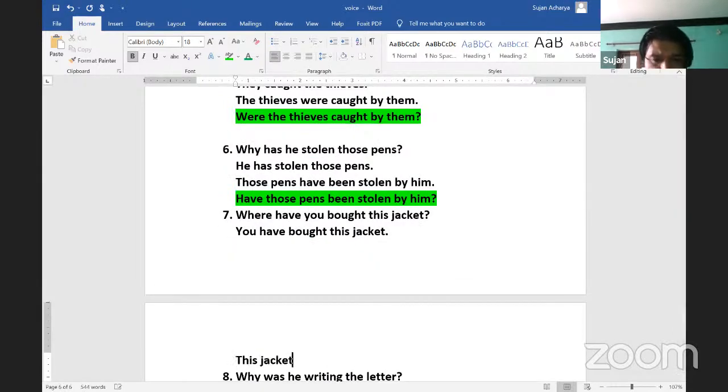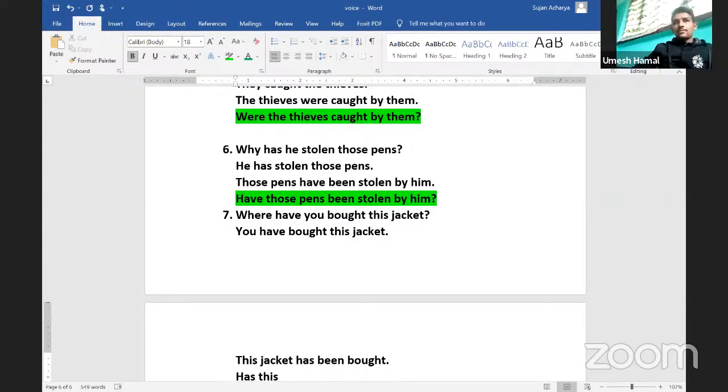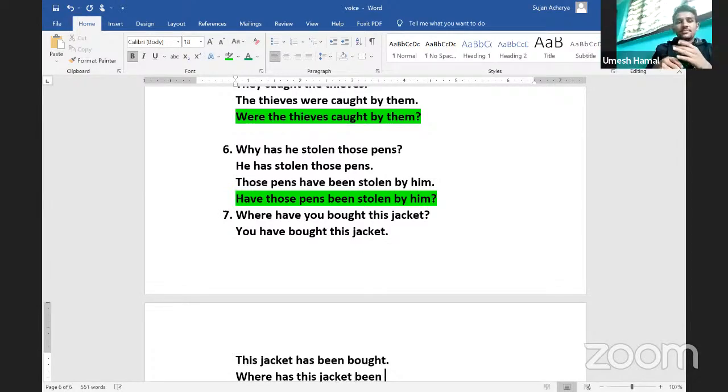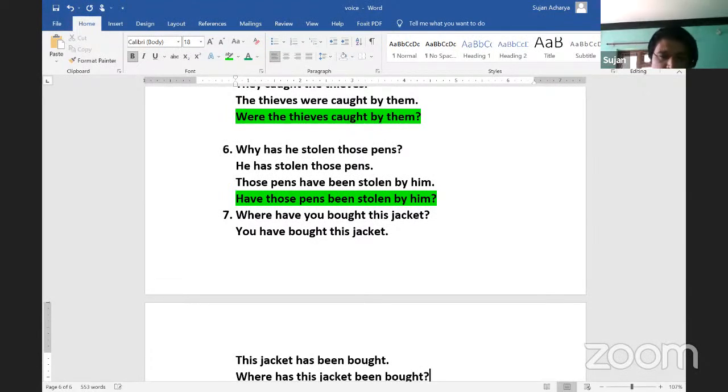This jacket has been bought. Where has this jacket been bought?